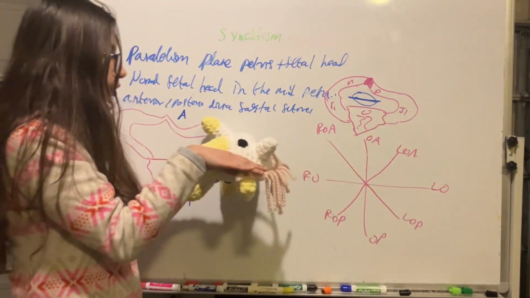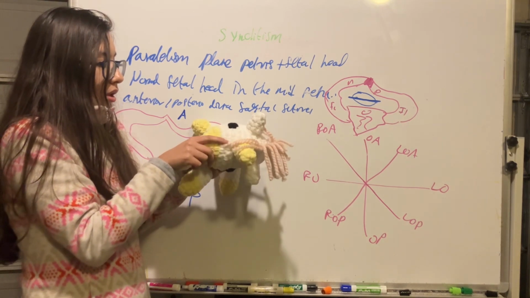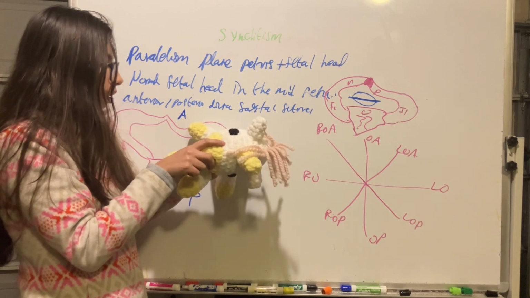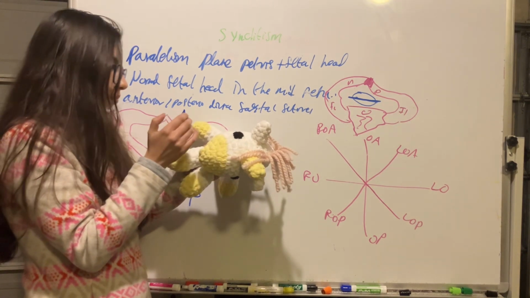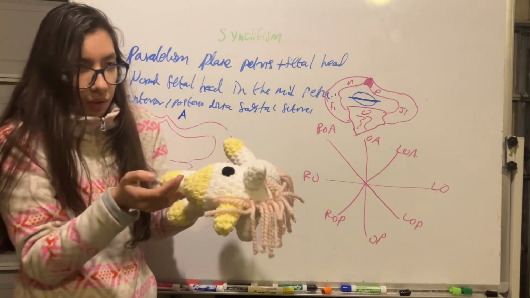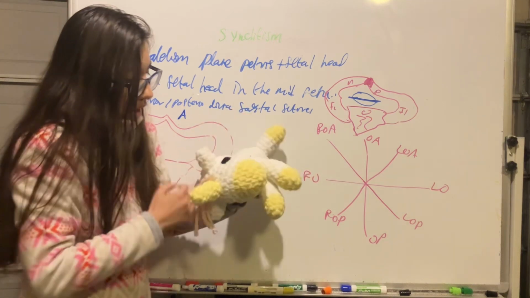So here is the sagittal suture. We can have an anterior or posterior deviation. So let's say it's like a movement of the head in a plane that is not the plane of the pelvis, or of the way that the head is rotating.